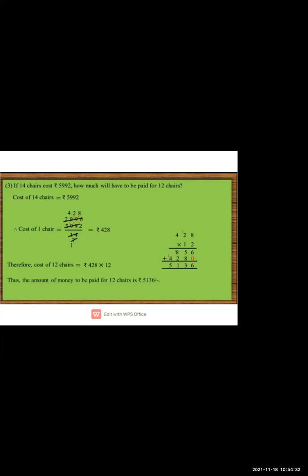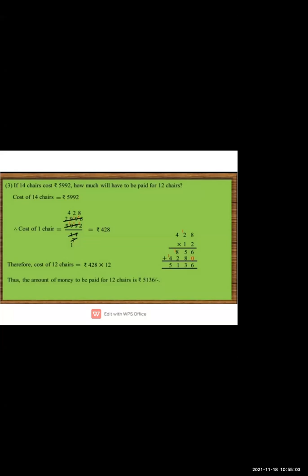We have to find the price of 12 chairs, which we don't know. So first we will write the given, what is in the question: the cost of 14 chairs is 5,992 rupees. Then we will find the cost of one chair.